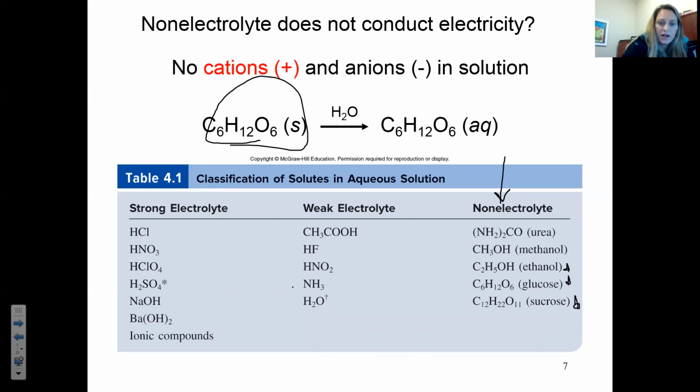Things with multiple hydrogens sometimes, or acids sometimes, are going to be weak electrolytes. And then here, these are our strong acids, also our strong electrolytes. These would be things that would dissociate completely. And any ionic compounds, so ionic compounds would be like NaCl.